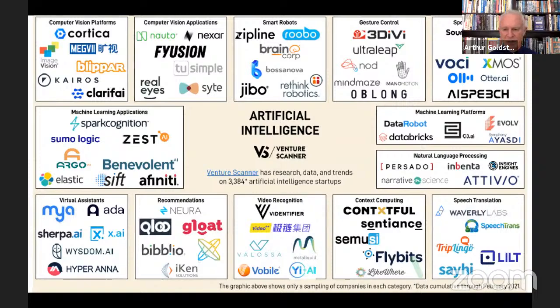recommendations, video recognition, and at the end, speech translation. So the last one is going to be fantastic for people traveling. Already, you can use your smartphone to translate what someone is saying to you directly, but it's very inaccurate. And people have to talk slowly and pause while the translation happens.